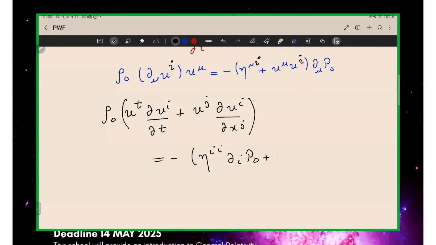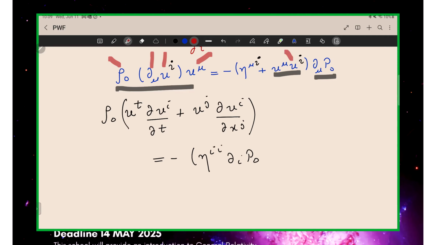U mu, U t. Wait a minute. Yeah, I think I need to drop this term. If you look at this term and at the term that you will get if you multiply this with this, here you have a derivative, u i and u mu, and you have rho.